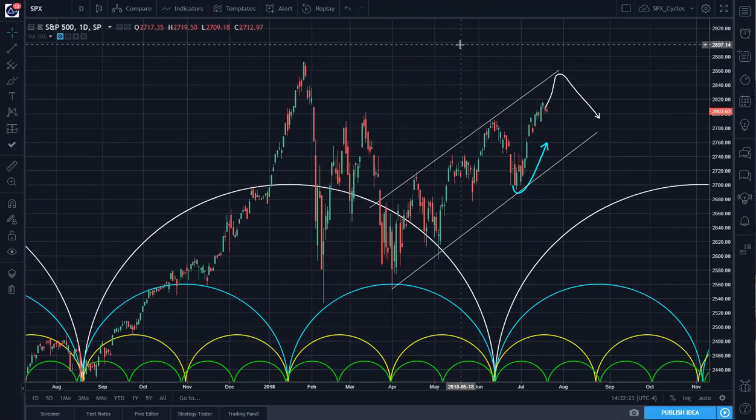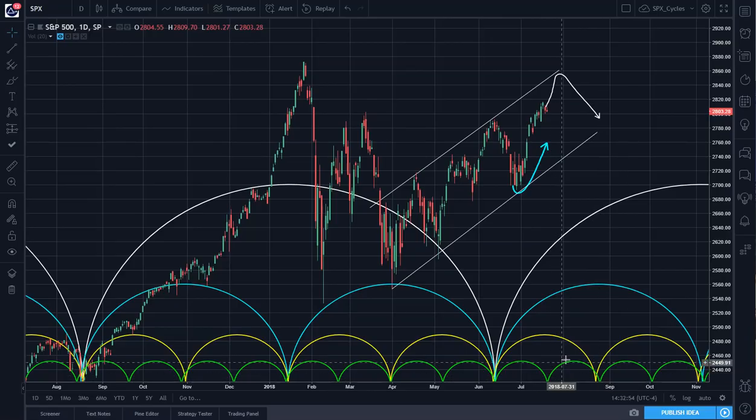Here are the cycles on a daily scale. We have still pretty much every cycle pulling up until today, at which point the 10-week is going to start rolling over. And that rolling over of the 10-week until mid-August should have a play and an impact on the price.